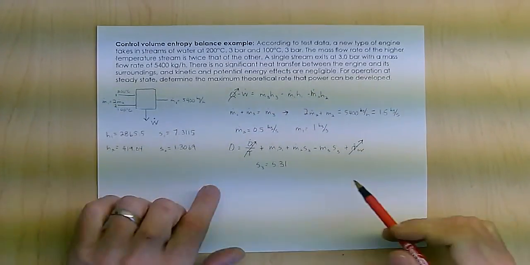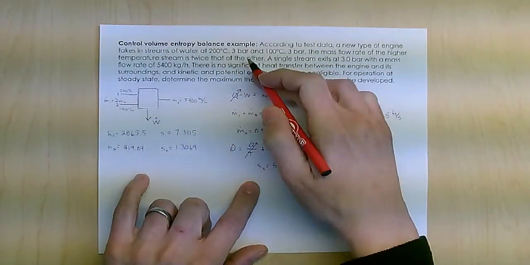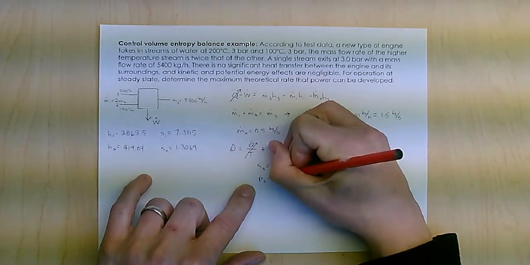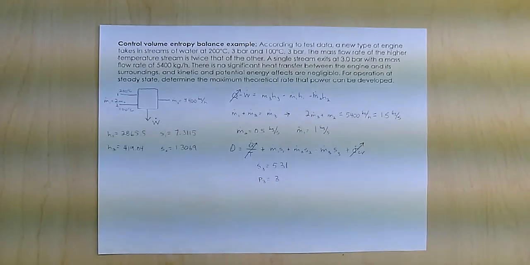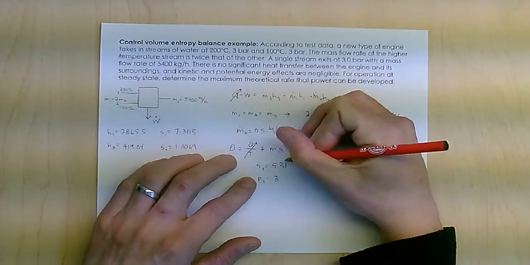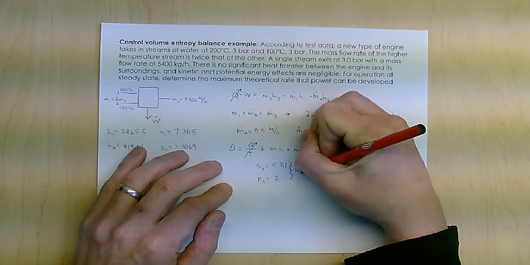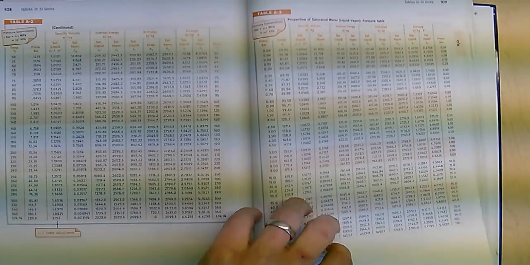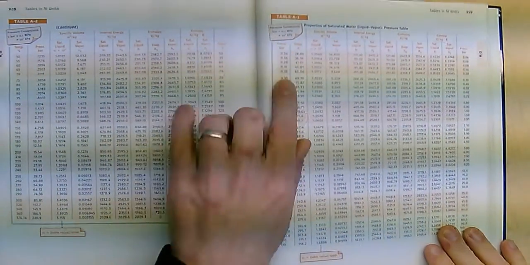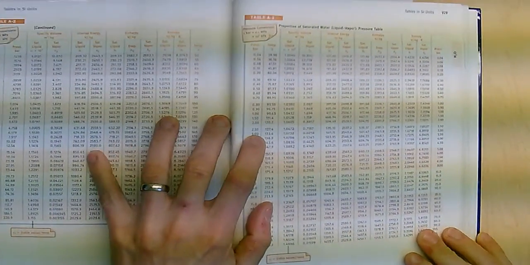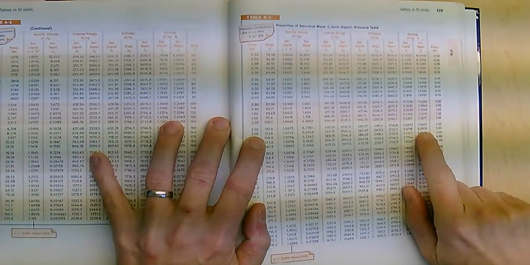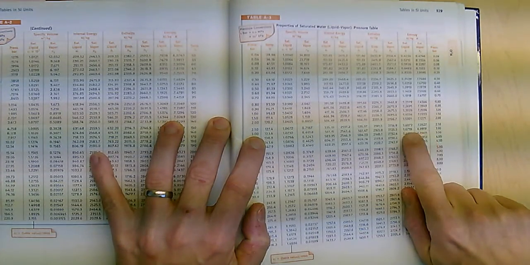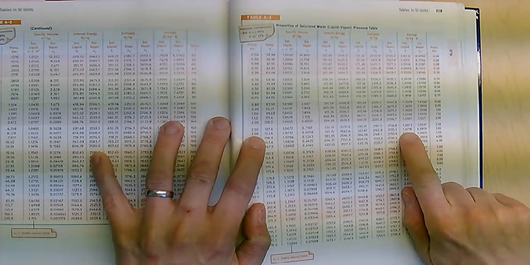Okay. Now I know, again, from the problem statement that I've got P3 equals 3 bar. So now I can use these two values to find H3. So I go to 3 bar again. We'll start in the pressure table. So at 3 bar, you can see that your maximum entropy for saturated vapor is just about 7. Saturated liquid is 1.67.